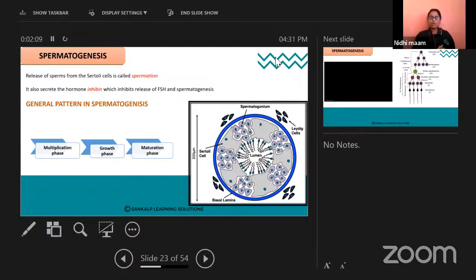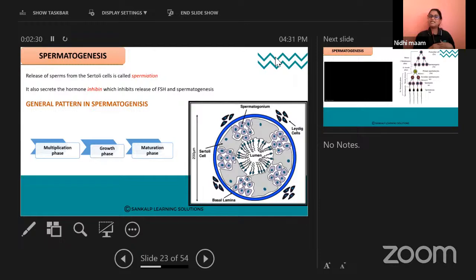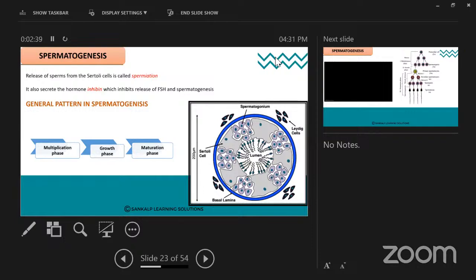So the spermatogonium, when it increases in size, is called a primary spermatocyte. The primary spermatocyte will undergo first meiotic division to produce secondary spermatocytes. Yes, very good, Pavitra, Anita. Can anyone tell me the ploidy of secondary spermatocytes? Haploid, ma'am. Very good. Haploid in nature.